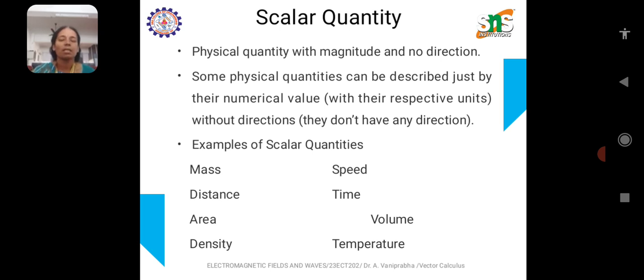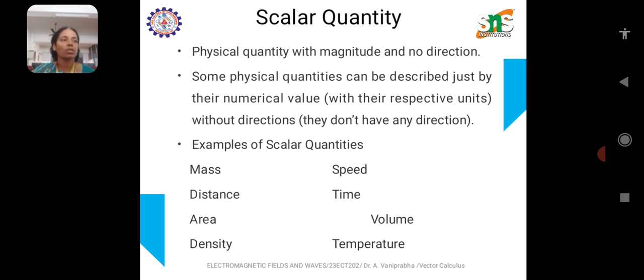Next is speed. The speed at which the car moves is 60 km per hour on a highway. Next is the distance, the length of the road. It is 100-meter length. And the time, the duration of travel, is 3 hours.